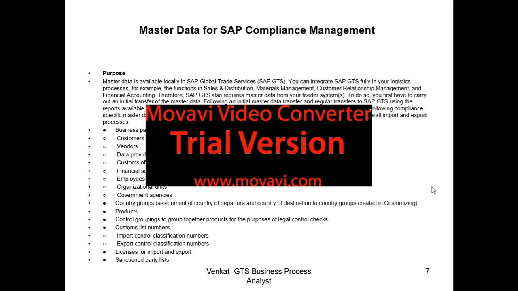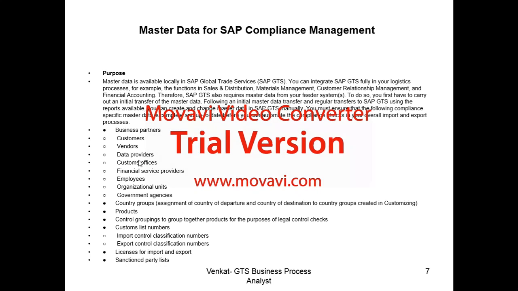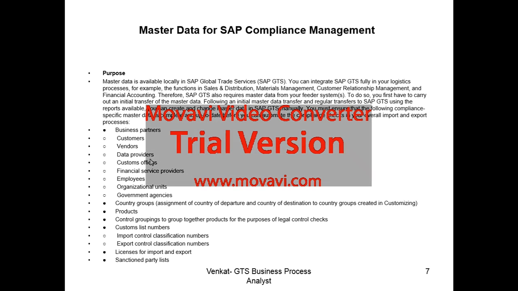Those authorized agencies are called data providers. Are you able to see here? Vendor and the data provider. Who is the data provider? The data provider is also called a third party data provider.